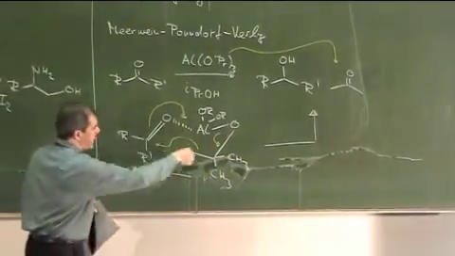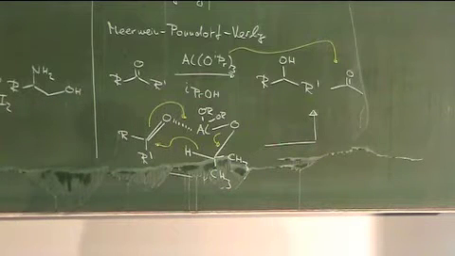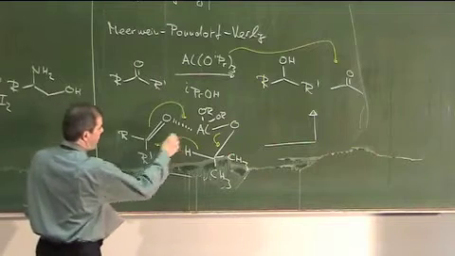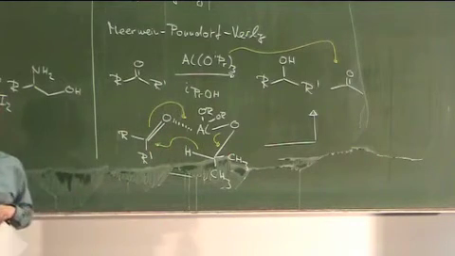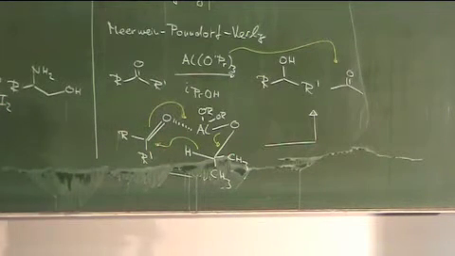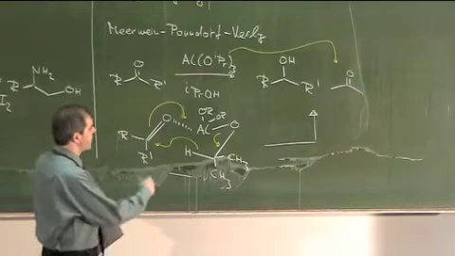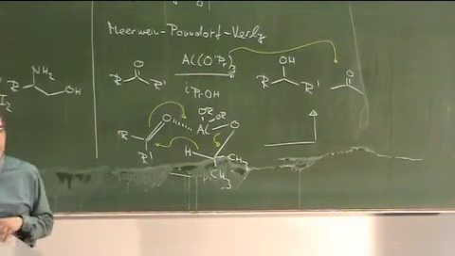And so you again see it's a well-ordered transition state, 6-membered ring transition state, reorganization of 6 electrons, so again the typical aromatic transition state, and this is why this reaction works very well.